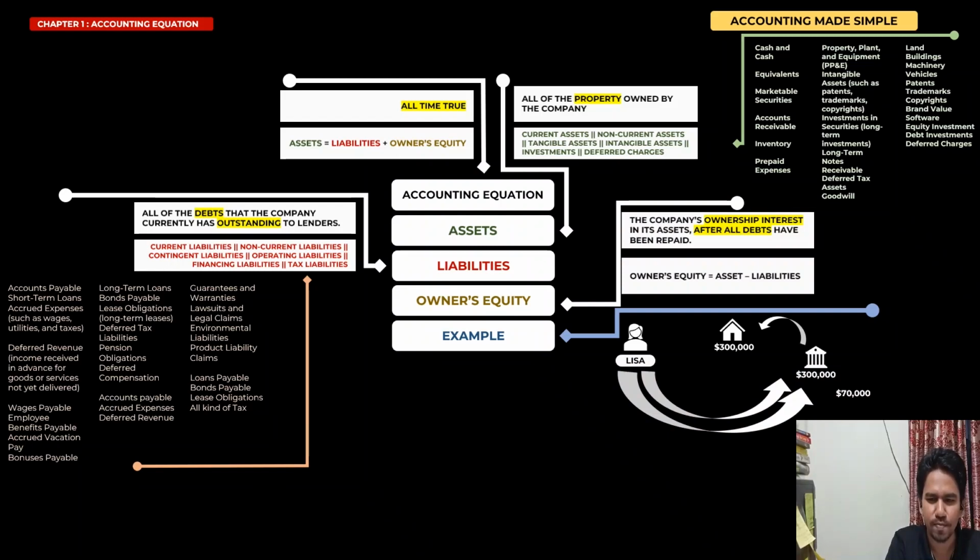So, based on this situation, we can say that Lisa's asset is $300,000, and her owner's equity is $70,000.